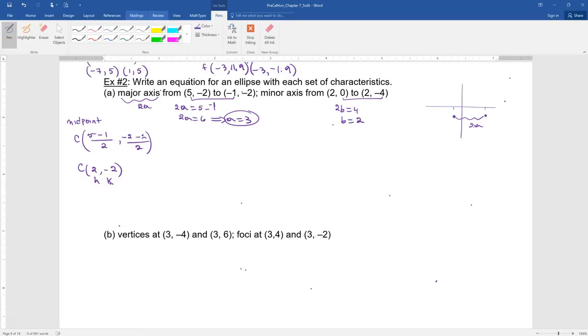So who gets the a, the x or the y? x gets the a. So it's (x minus 2) squared over 9. Please remember to square. Plus (y plus 2) squared over 4 is equal to 1.